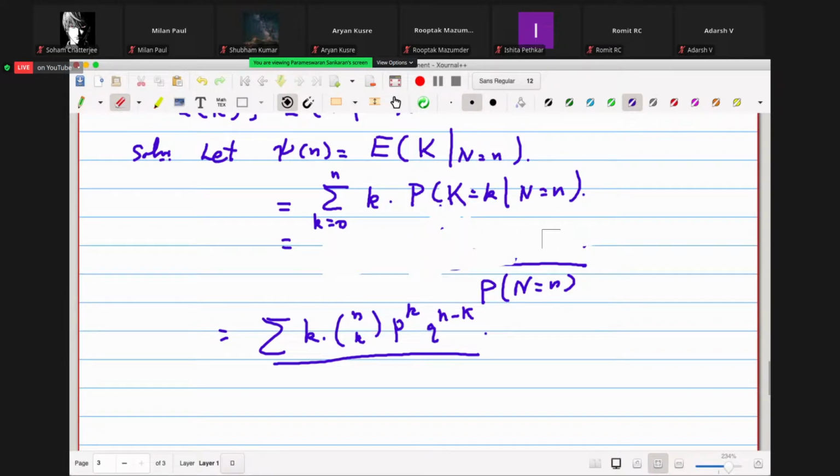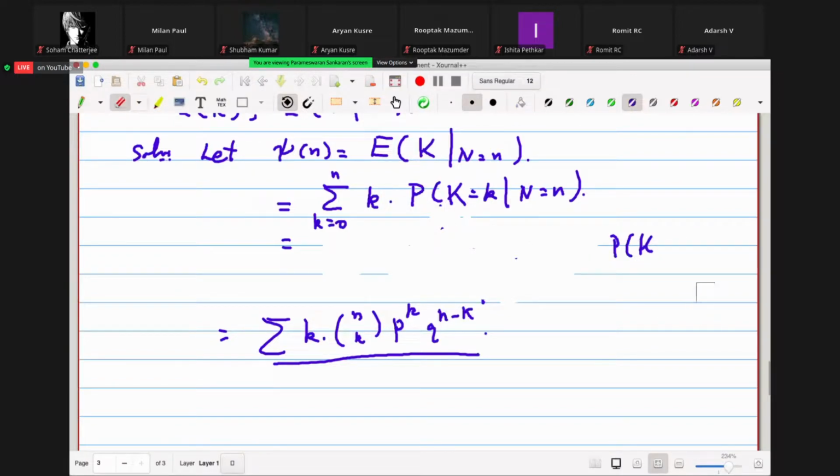We don't need to write it, but even if you write it, because each egg hatching is independent of the n, this K and N are independent random variables. That's what it means. Although what I wrote is not incorrect, I could have just written probability that K equals k.